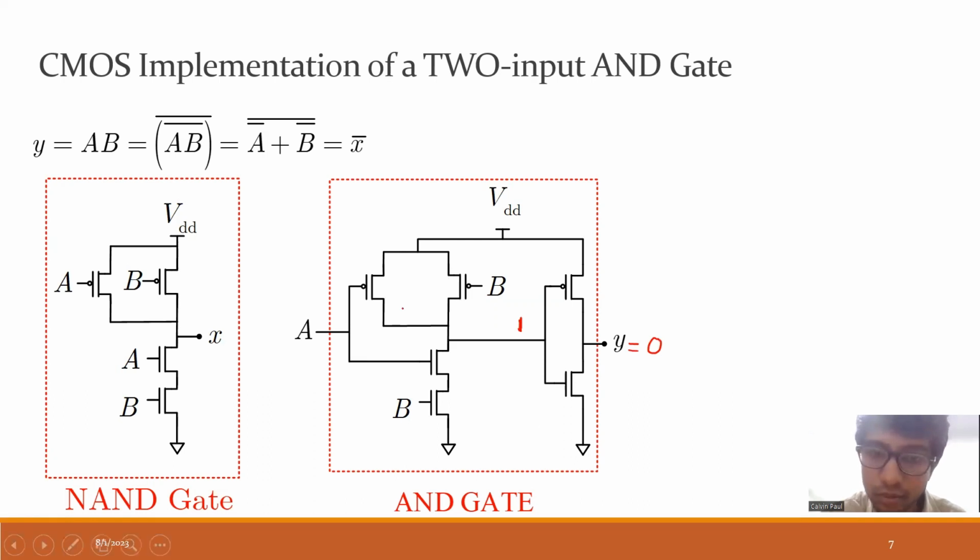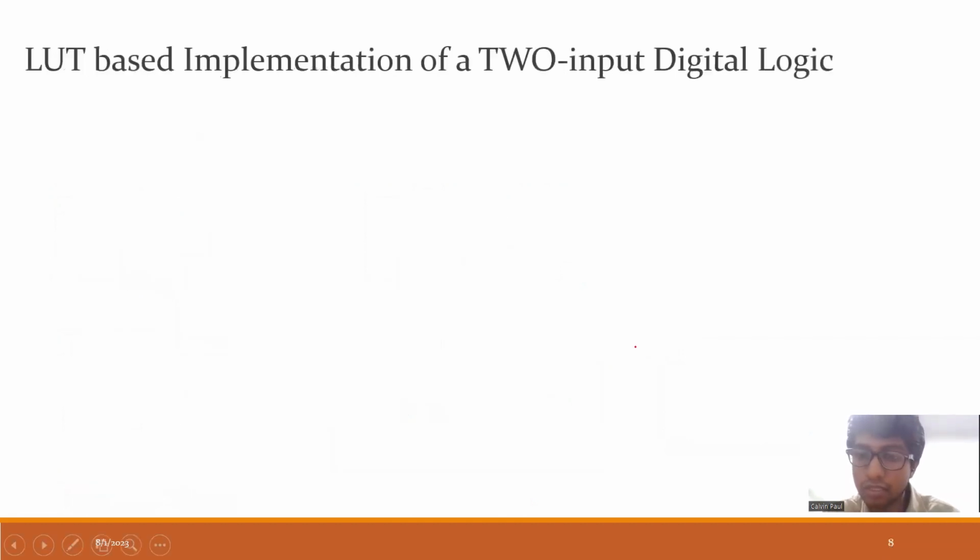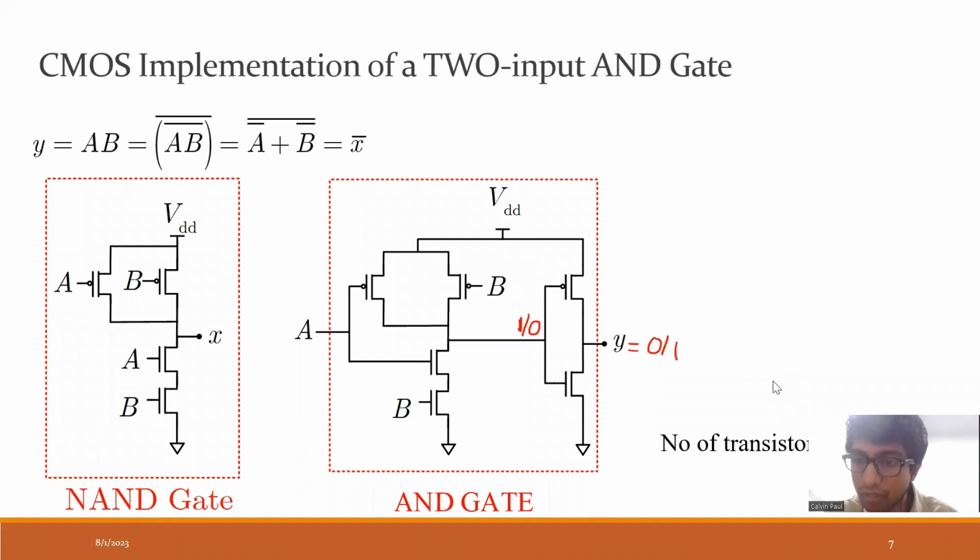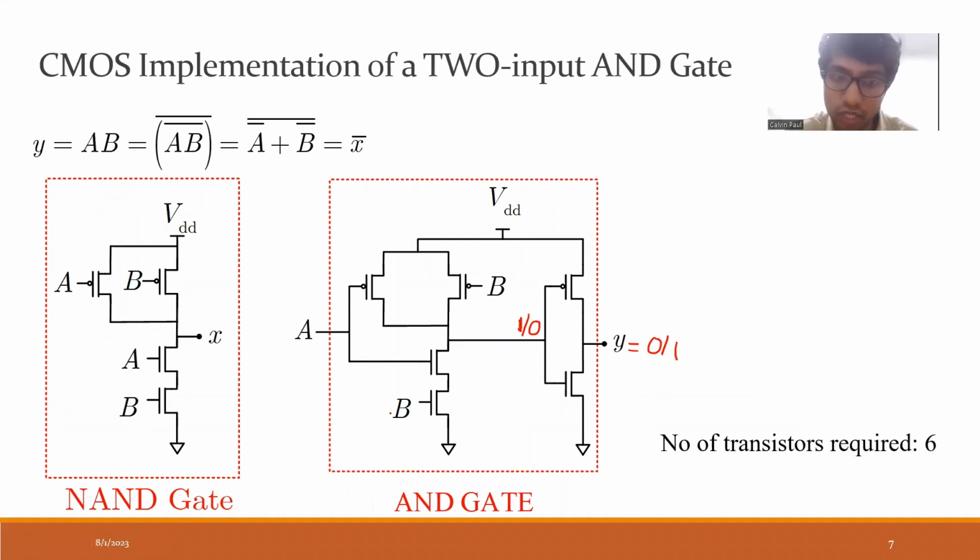Okay. Now, instead of 1, I apply 0 here. If it is 0, then this does not turn on, but this will turn on. So when this turns on, the output over here goes to VDD. VDD means it is actually 1. So this is how, from a NAND gate, we apply a NOT gate, and then we get an effective AND gate. The number of transistors which we require here is 6.